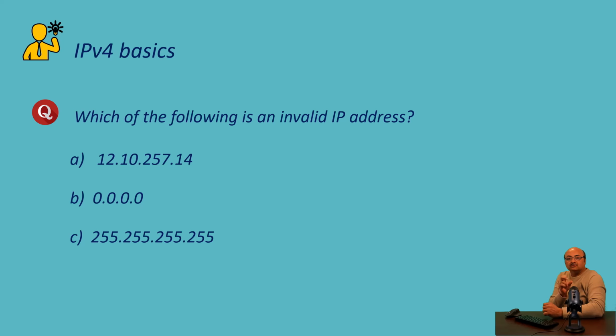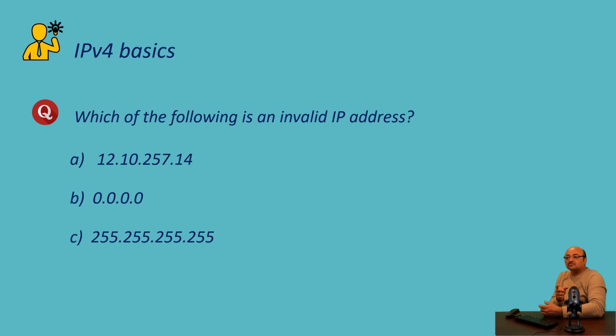If the value is anywhere from 0 to 255 for any octet, then that octet has a valid value. But if any of the octets has a value outside the range 0 to 255, then the IP address is considered invalid.